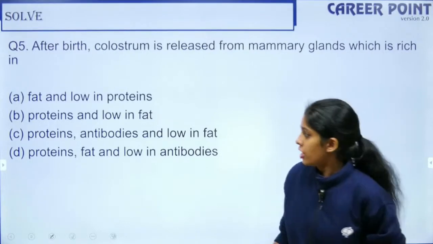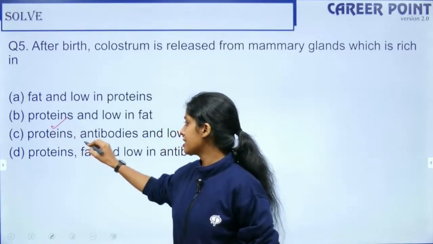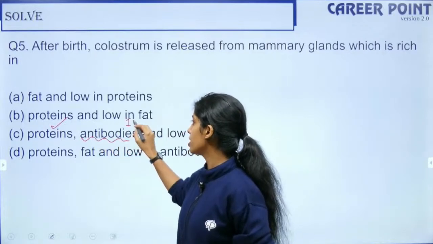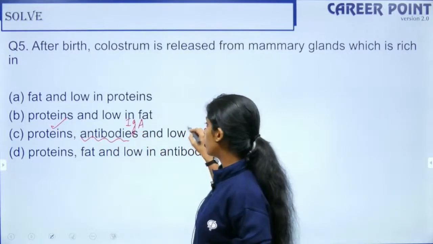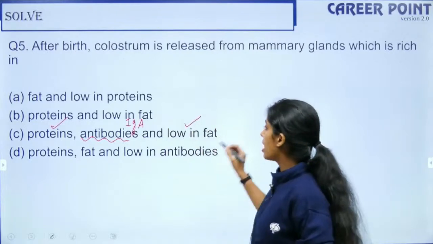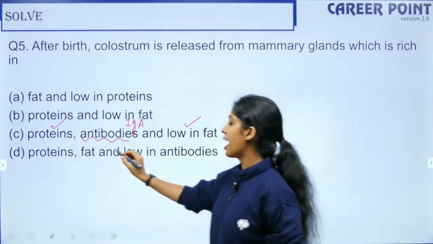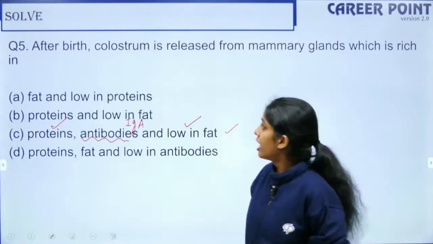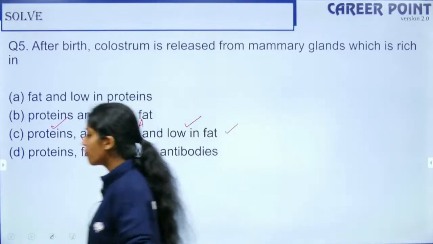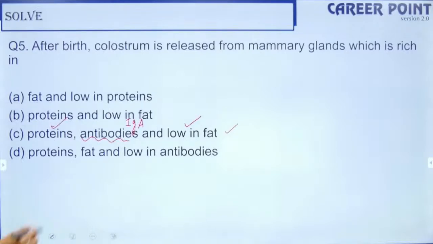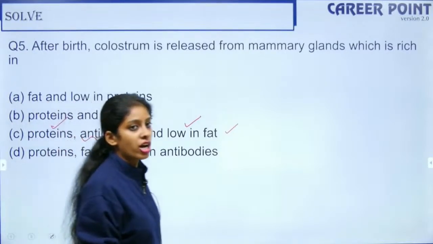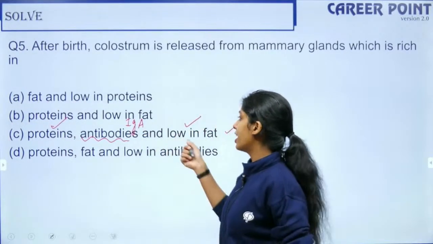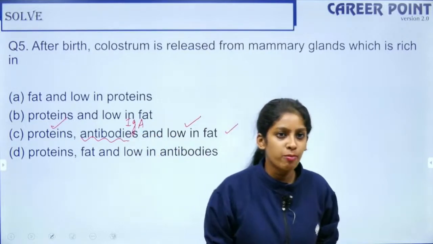Yes, come on. So it has proteins, it has antibodies, that is IgA, and it is low in fat. We have low fat but we have more amount of antibodies. It is not D, you have low antibodies and you have more of fat? Definitely not. So here it is low in fat and more of antibodies.